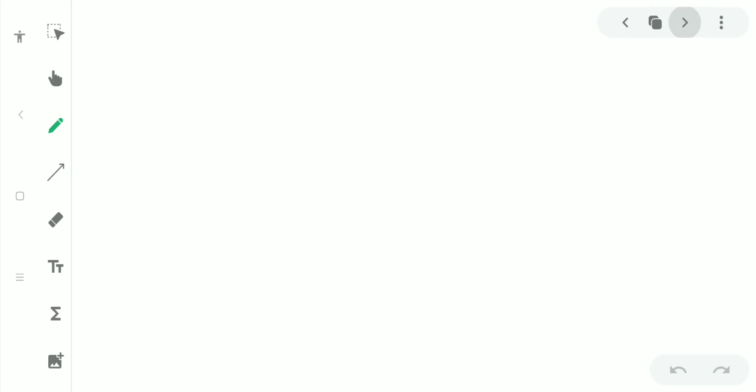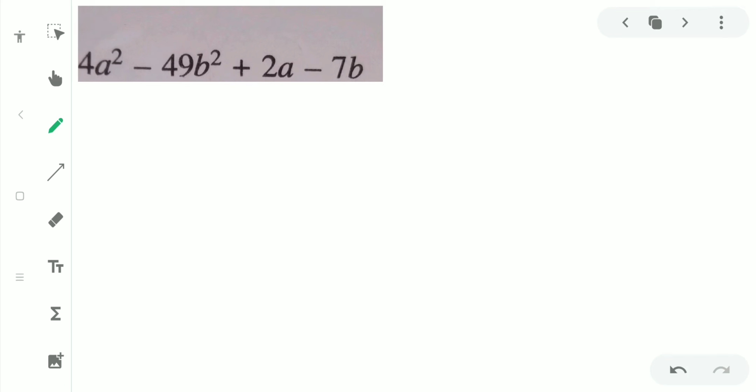So let us go on to the another question. The question is on your screen, that is 4a square minus 49b square plus 2a minus 7b. 4 is nothing but 2 square, and 49 is nothing but 7 square.